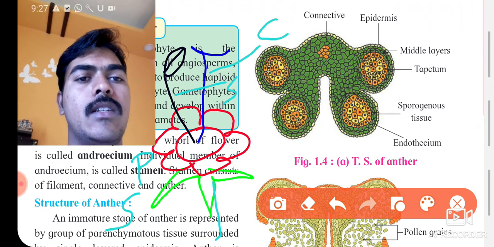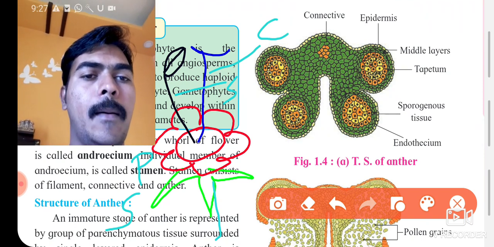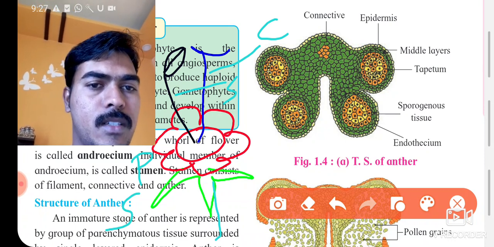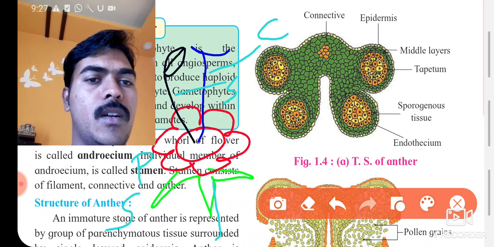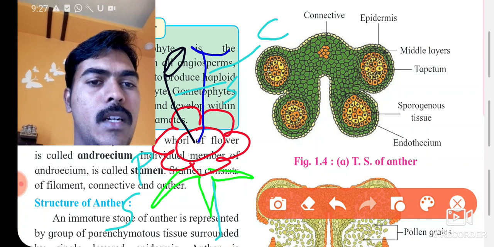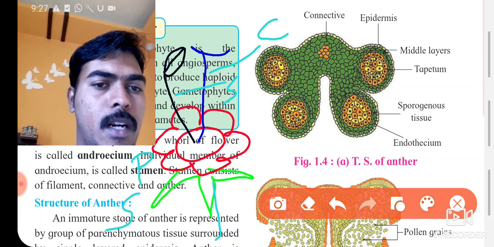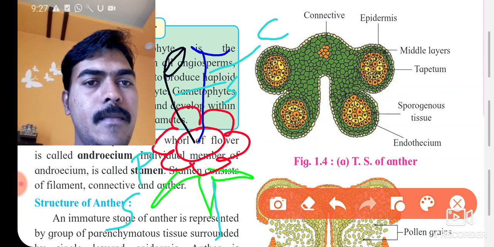So these are the four main floral structures which are very important in the reproductive process.